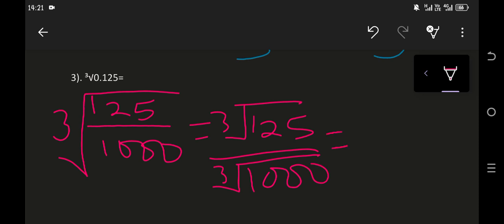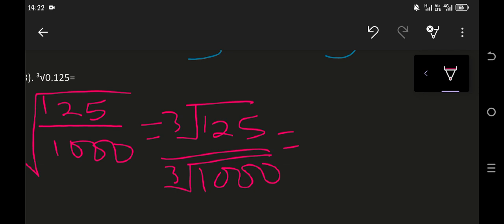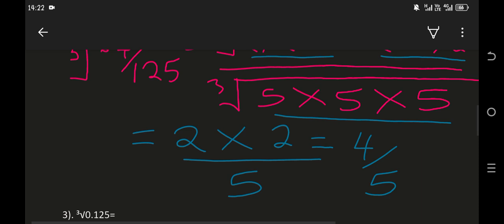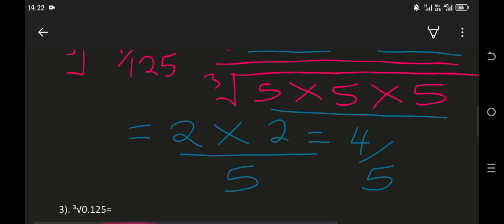So what is the cube root of 125? We've already calculated that in our previous example. We found that to be 5 all over the cube root of 1000 is 10. If you don't want to use the factors, you can just calculate the cube root directly from the calculators, since we have no cube root tables in our mathematical tables.